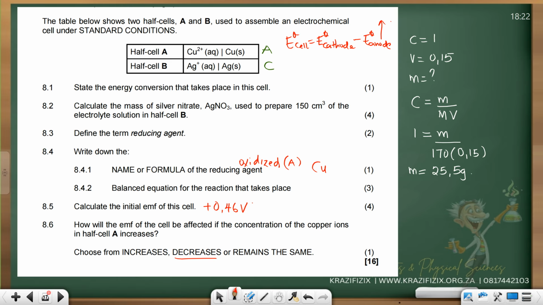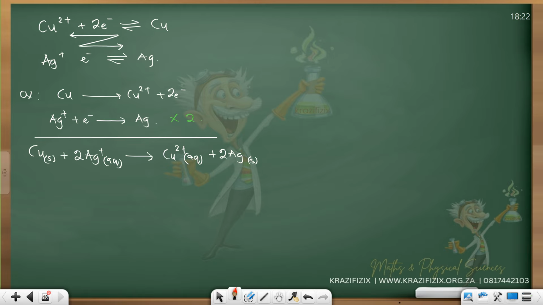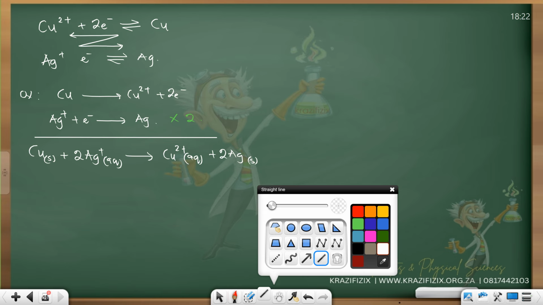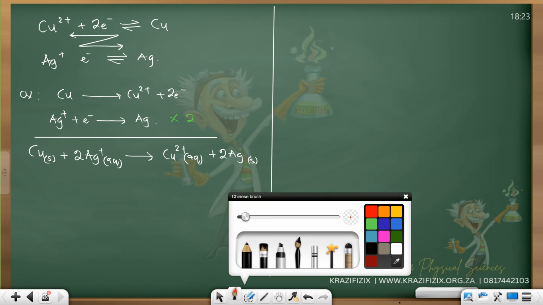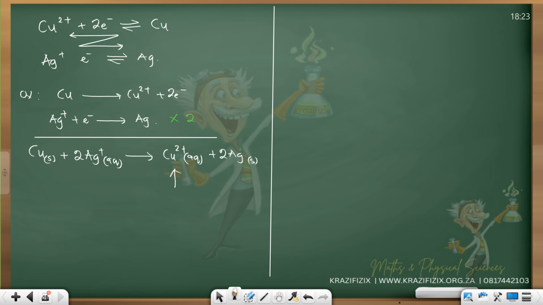Explain using Le Chatelier's principle. Let's explain using Le Chatelier's principle. So what's our equation? We are saying this one is increasing, right? So if it increases, the system will want to use it up, so the reverse is favored. So what do we say?